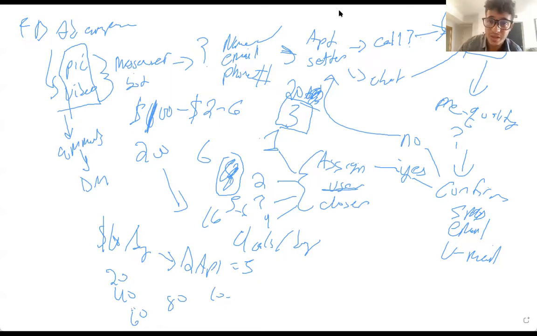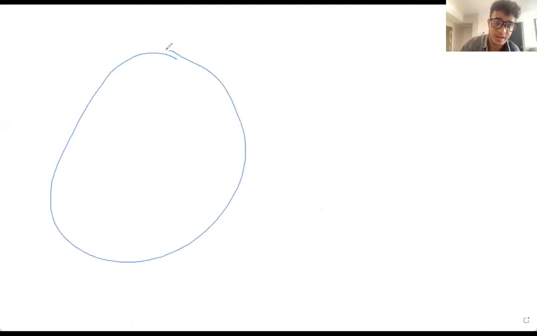The reason being is, let me show you something. This is the best way of explaining it. So let's say you're starting out at $10 a day. Let's say you want to transition all the way to $100 a day.